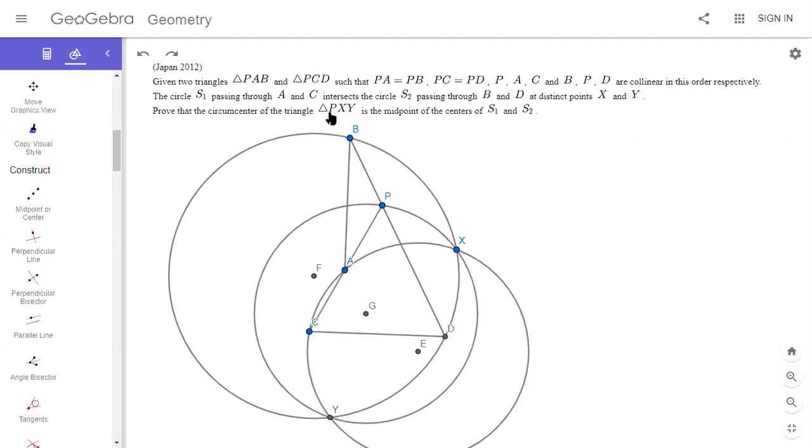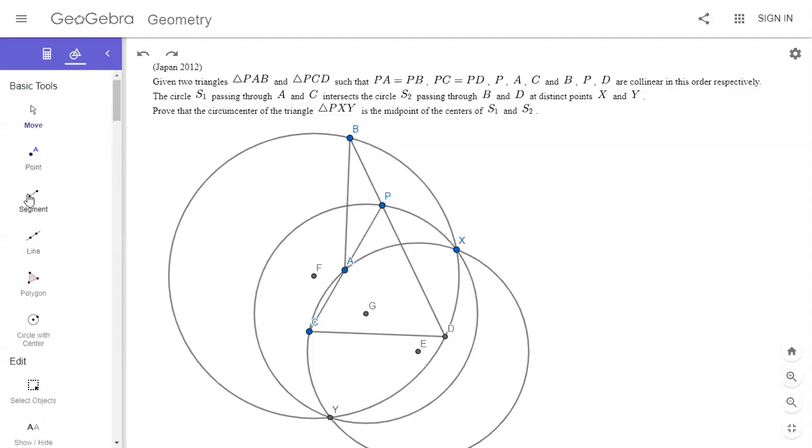So yeah, we have triangles BDY, CAX, BD. We know G is on EF. Yeah, because they have the same radical axis. No, good point.